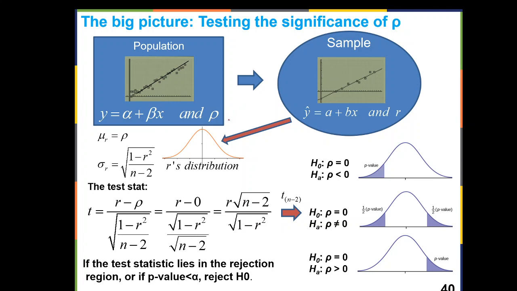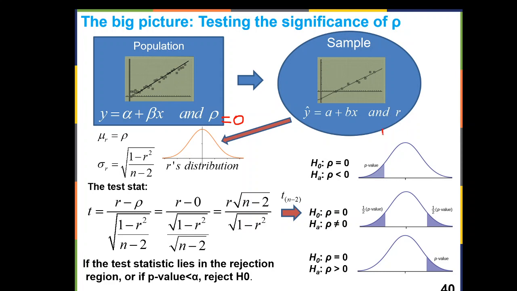Generally here, we assume that rho is 0. So that would be our hypothesis, to test whether this R is significant or not. It means that whether the R that we found proves that rho is actually this number.